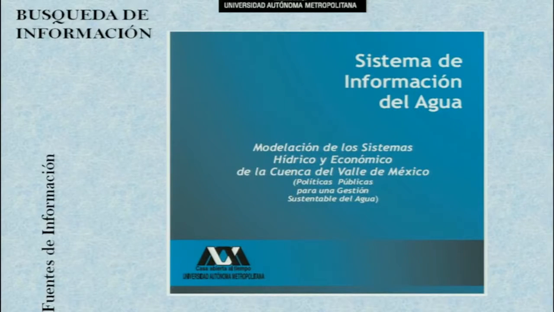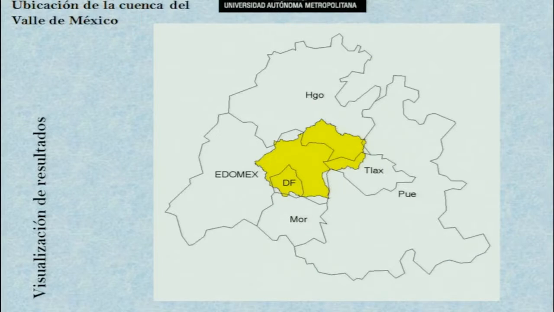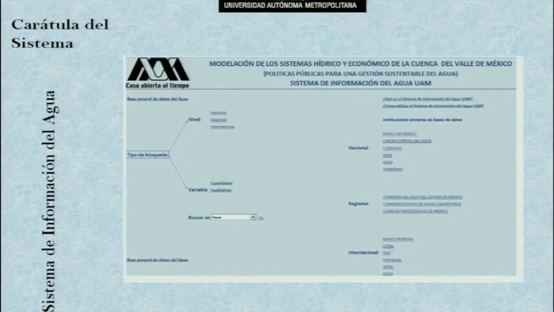So what we did is that we designed and we applied a system that we call the system for water information. It doesn't look like the national system at all, but it comes in quite an adequate manner. It searches in all these databases, and automatically, it's like a Google system. You just click on search. I want to look for this and this.